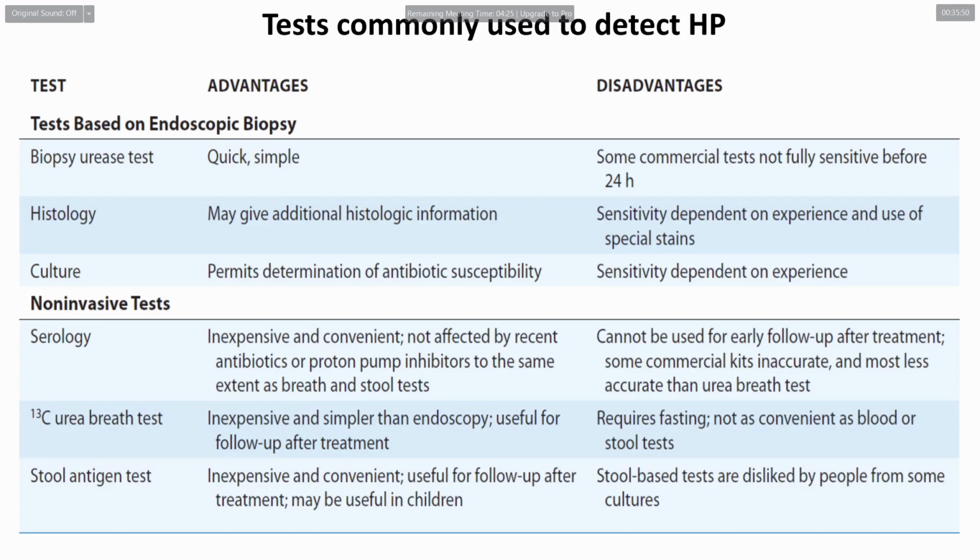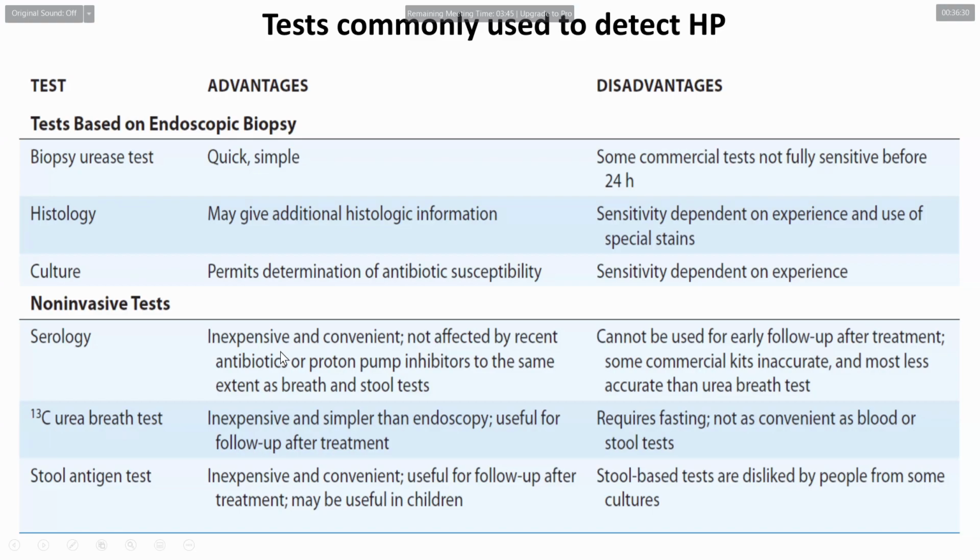If you are on a PPI, or you have been on a PPI until recently, or you are on antibiotics of any sort, or you have been on any antibiotics recently, you cannot do antigen tests, because the count of the bacteria will be suppressed and the antigen test may be falsely negative, okay? So this is where serology can come in, because serology is not affected by recent antibiotics or PPIs, proton pump inhibitors, compared to the antigen test.